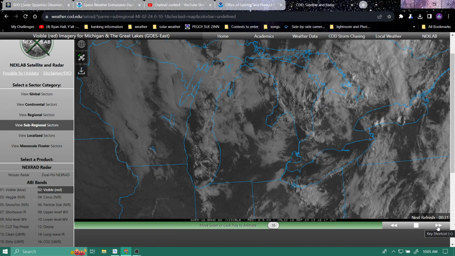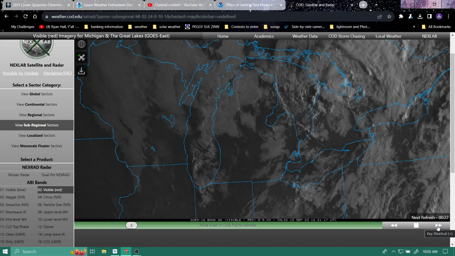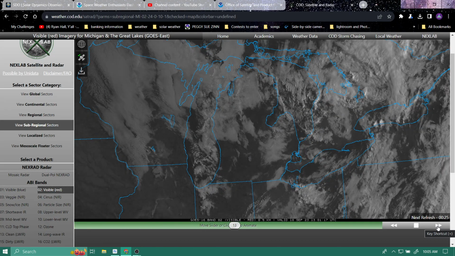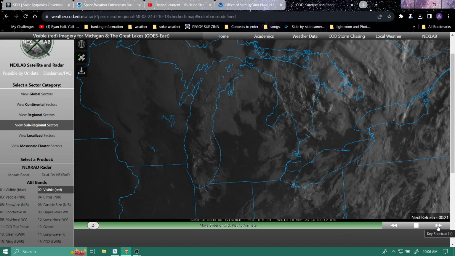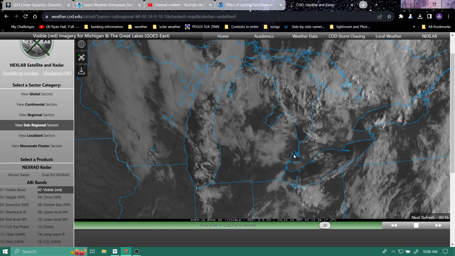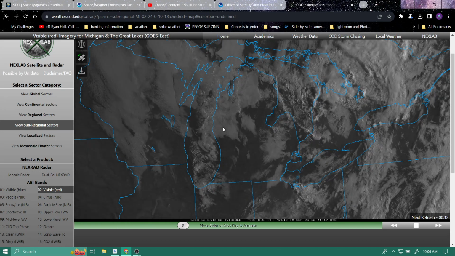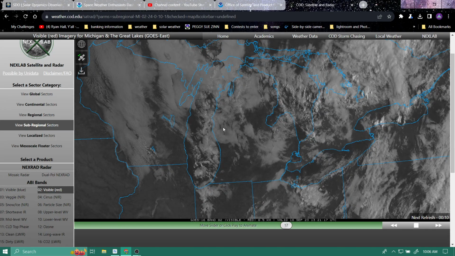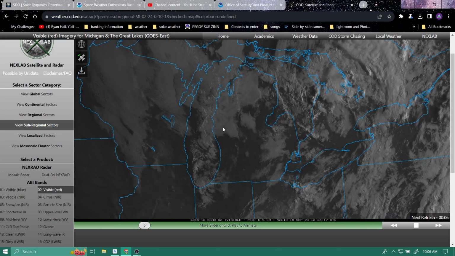I'm looking at this and it does not look all that quick here. It looks like there's a lot getting drawn back down into our area. Maybe it will get pushed out by dark, but we are going to have 98% humidity by midnight.